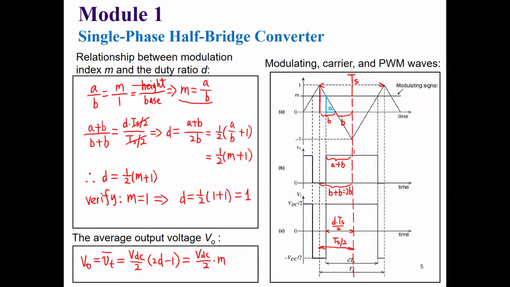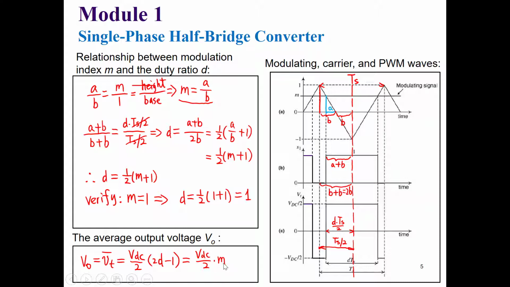Then we can, based on this M, here we will define M as our modulating signal. Based on what M indicates, we can see that our VO is directly related to M. VDC over 2 is a constant, and this M will define our VO.